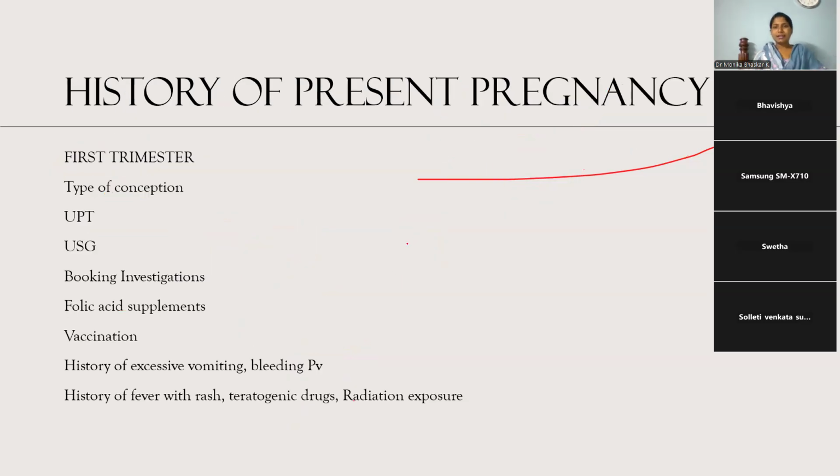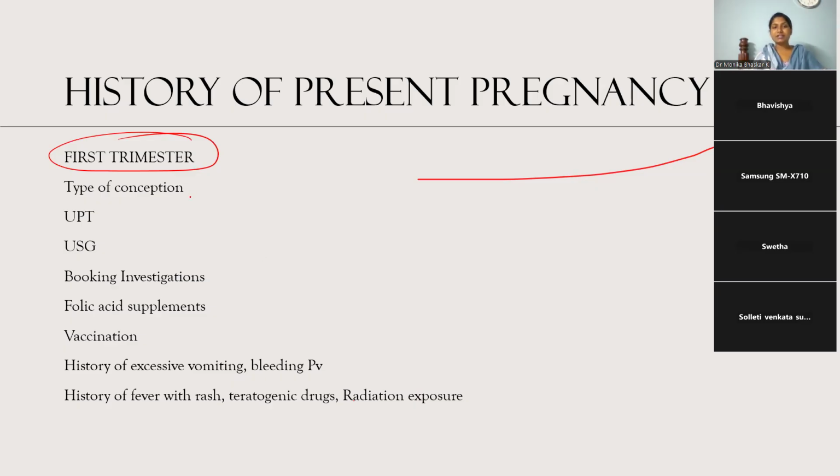So the next important thing is the history of the presenting pregnancy. What is the importance of the history of the presenting pregnancy? For the present pregnancy, you have to ask the trimester history. What you have to ask in the first trimester, what you have to ask in the second trimester, and what is the importance of the third trimester. So firstly, as I told you, in the first trimester you have to mention the type of conception.